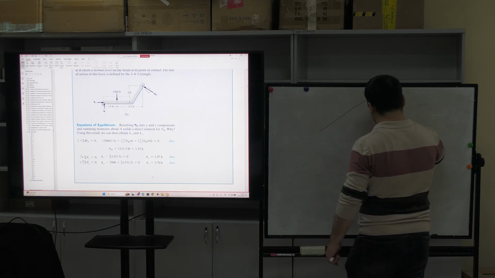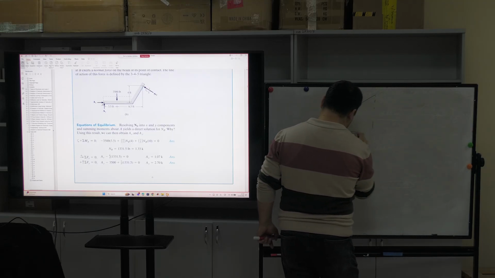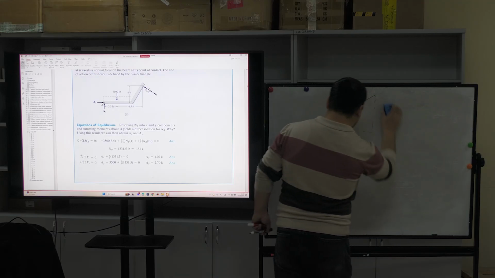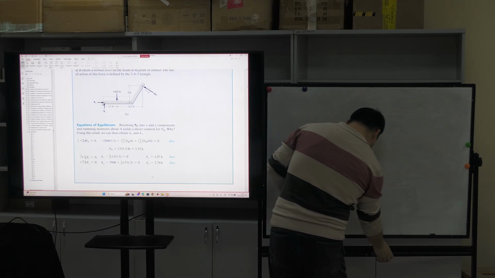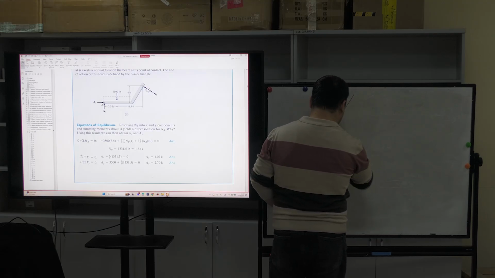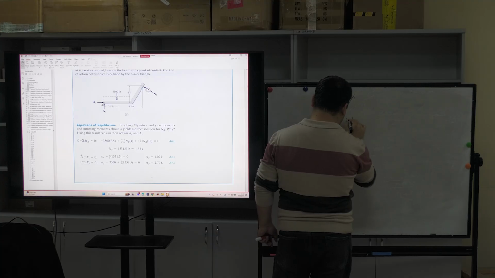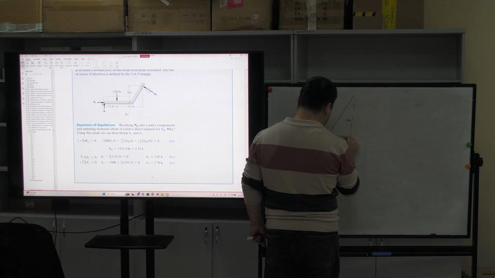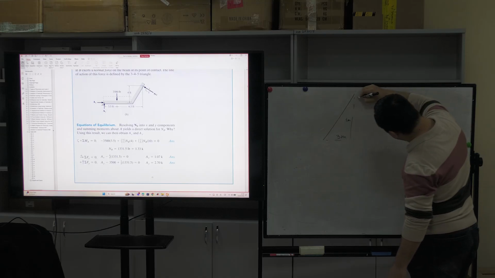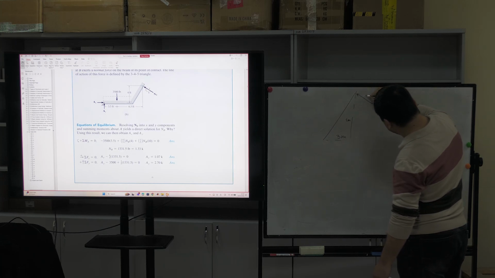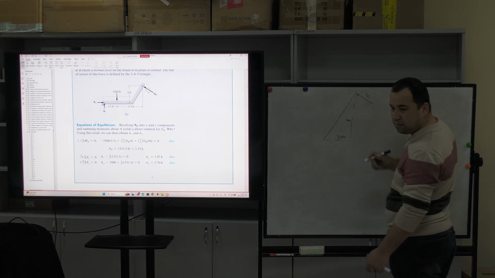Force is acting here. Let me get it all. Here we had 4 meters, here we had 3 meters, this is the length. Here some external force is acting, or let me say it's a reaction force.